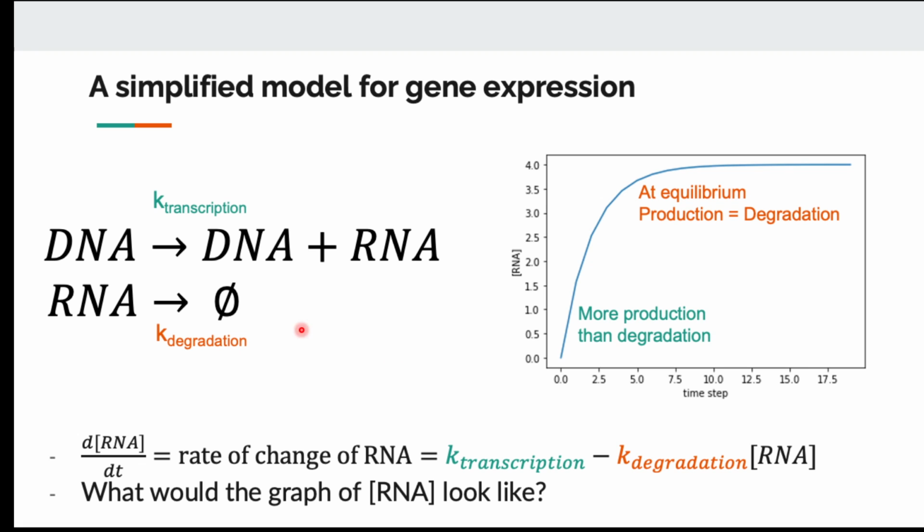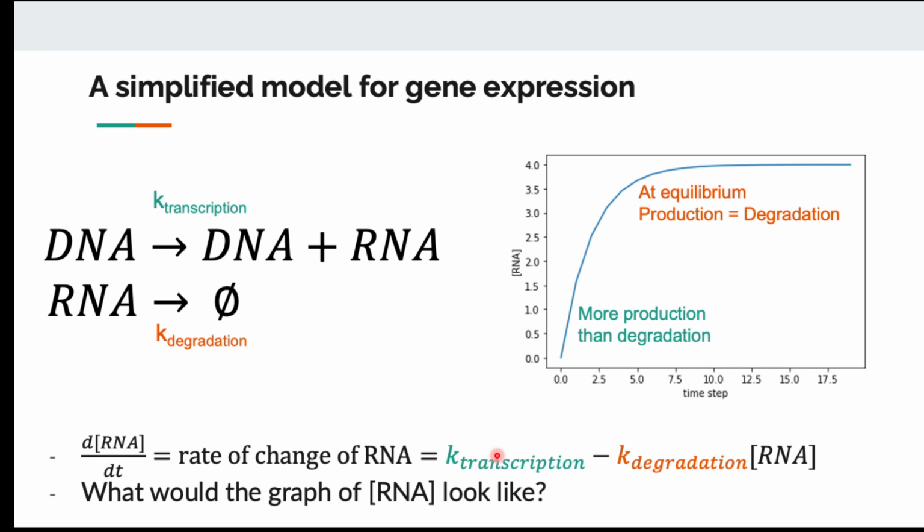We just have DNA and RNA polymerase bound to the DNA at a certain probability, and then we generate the RNA from it. And the RNA can degrade, so there is some degradation constant. And when we have these two effects, the production with a certain rate and the degradation as a percentage, the differential equation for RNA expression is going to be similar to the example that we saw before.